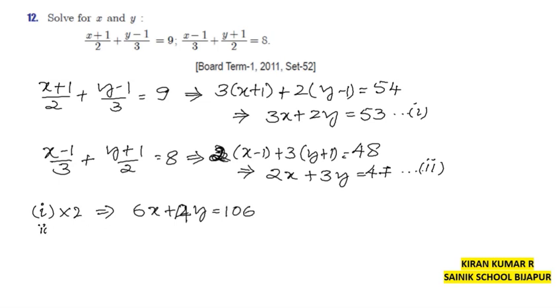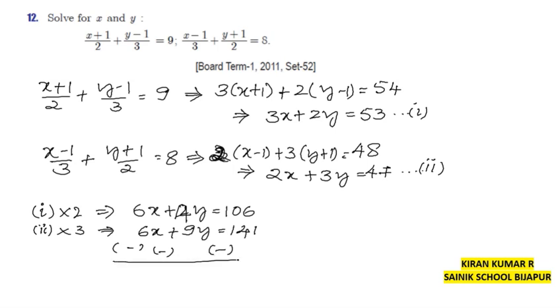And if equation 2 is multiplied with 3, we get 6x plus 9y equal to 141. Now you subtract, x term will get cancelled. We will be getting negative 5y equal to negative 35. So the value of y is positive 7.